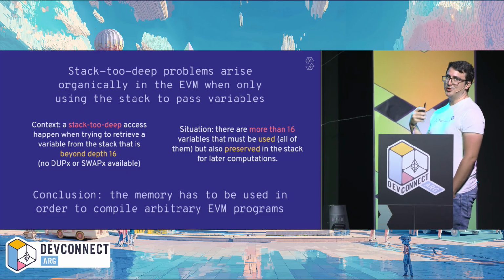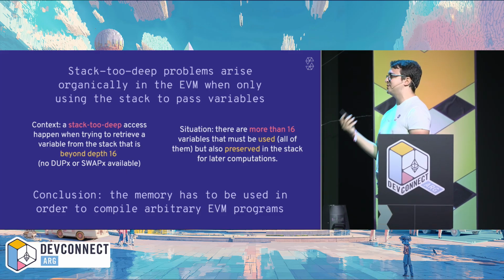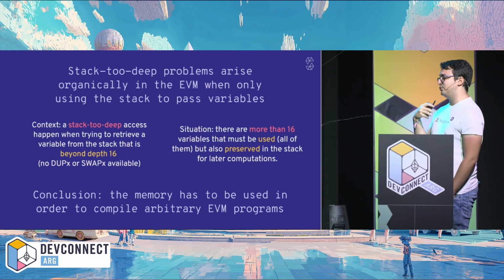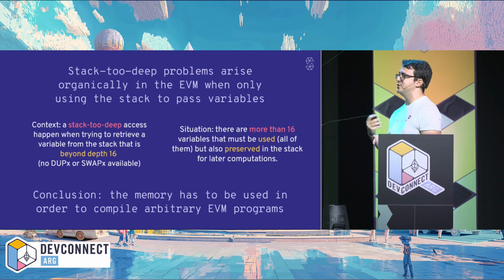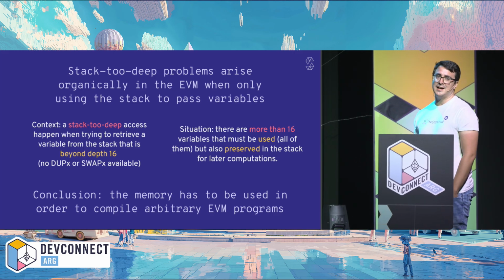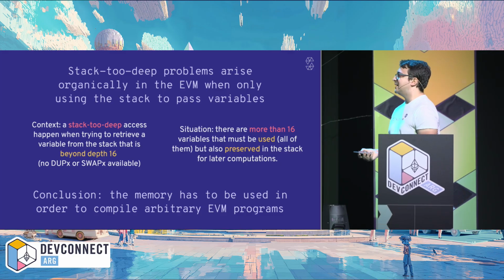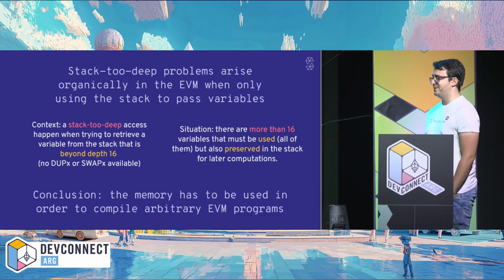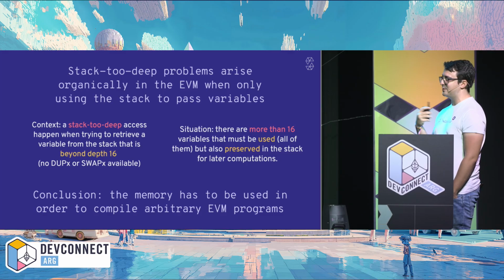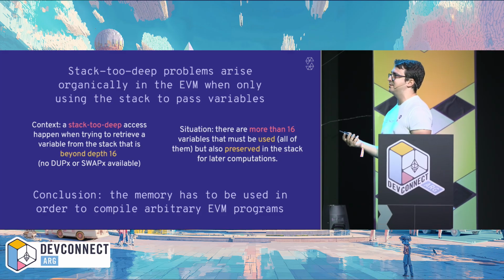And this is what we call the stack-too-deep problem, because in the case of the EVM, if I try to retrieve a value that is beyond depth 16, I cannot do it, because I have no opcode that can retrieve it. And this is not a problem of the Solidity compiler or any compiler. This is something that happens in the EVM.